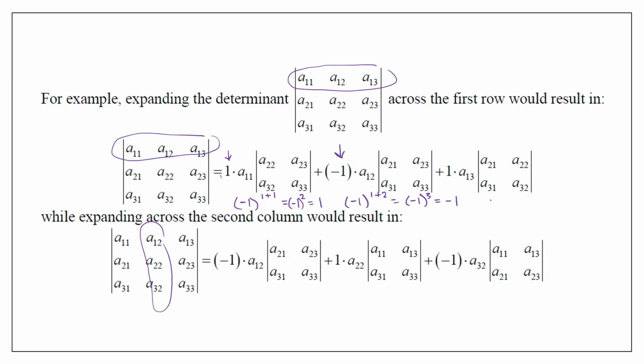And then the third, we'd have -1 to the power 1 plus 3, which equals -1 to the fourth, which equals 1, which is where we got this 1 from. Okay, so that's where the cofactors come into play.